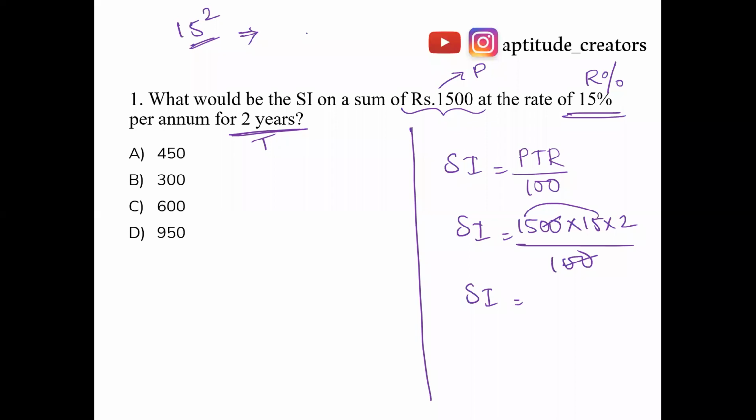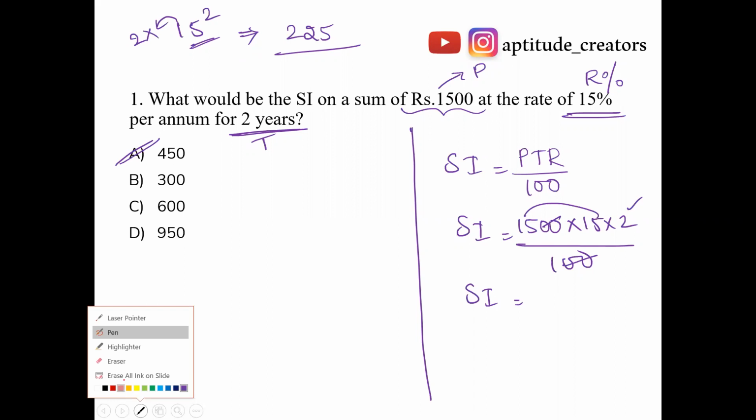What is 5 square? 25. Correct. Now here what is next number of 1? That is 2. 2 into 1 is equals to 2. We can say 15 square is equals to 225. Okay. Now what is 225 into 2? Double. 450. Answer is option A, 450.